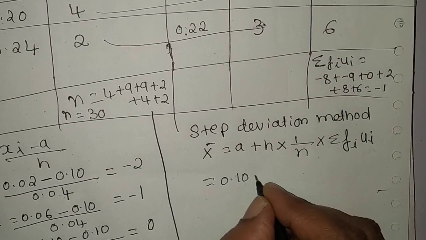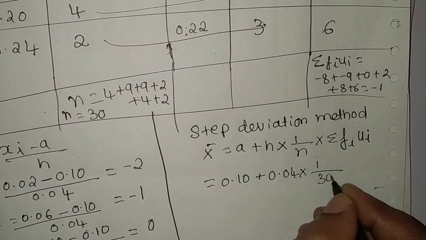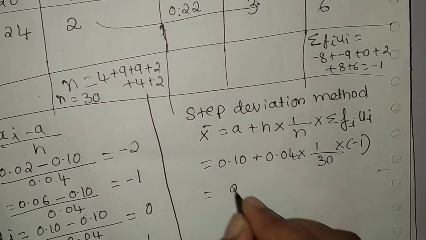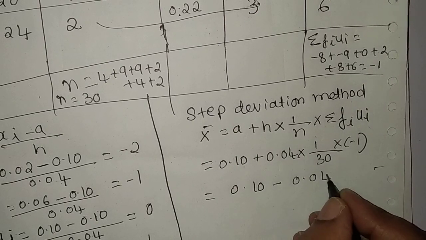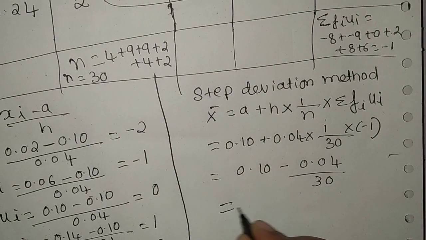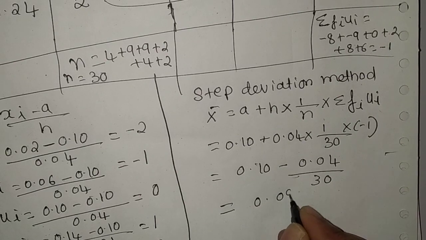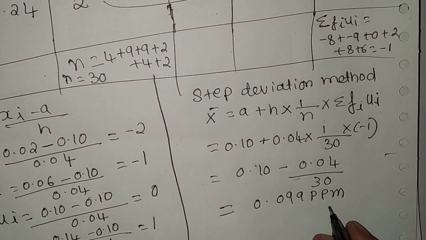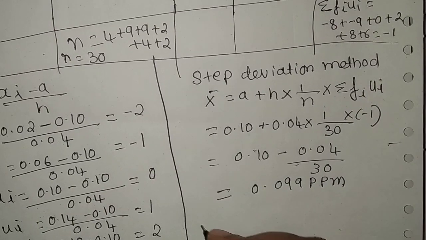Therefore 0.10 plus 0.04 into 1 by 30 into minus 1. So now we get 0.10 minus, simplify all this, we get 0.04 by 30. Then we get the final answer as 0.099 ppm, that is parts per million.